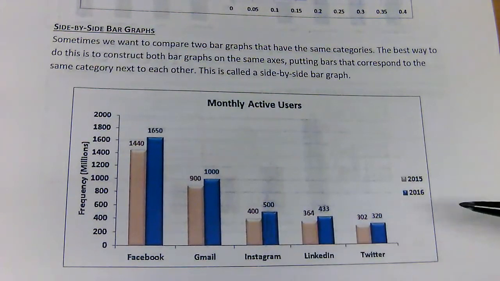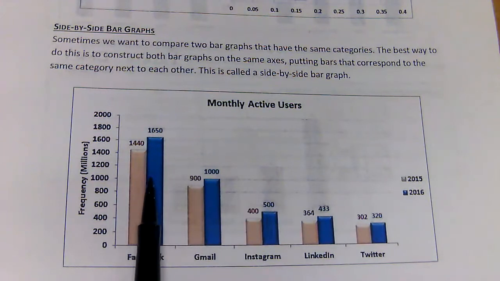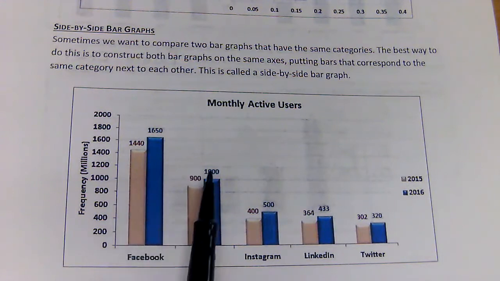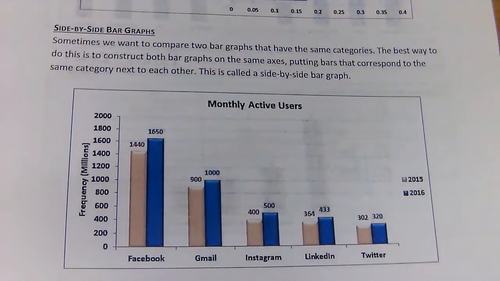Now, what they're comparing is the data from 2015, which is shown in tan, and the data from 2016, which is shown in blue. And notice that those are side by side when you're comparing, but the categories themselves are separated out.